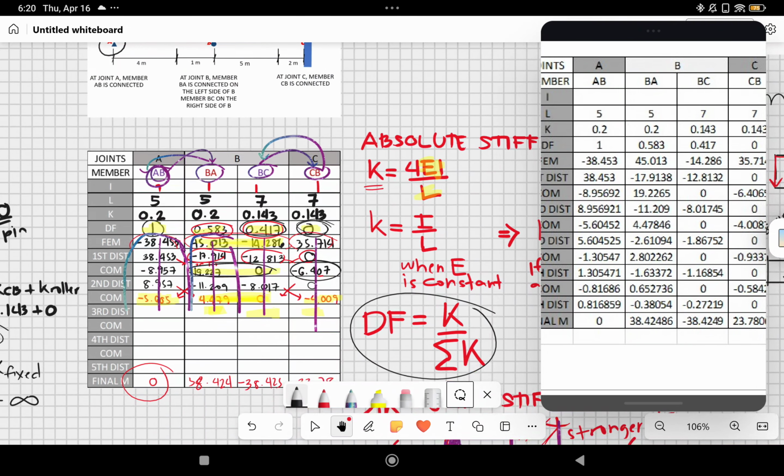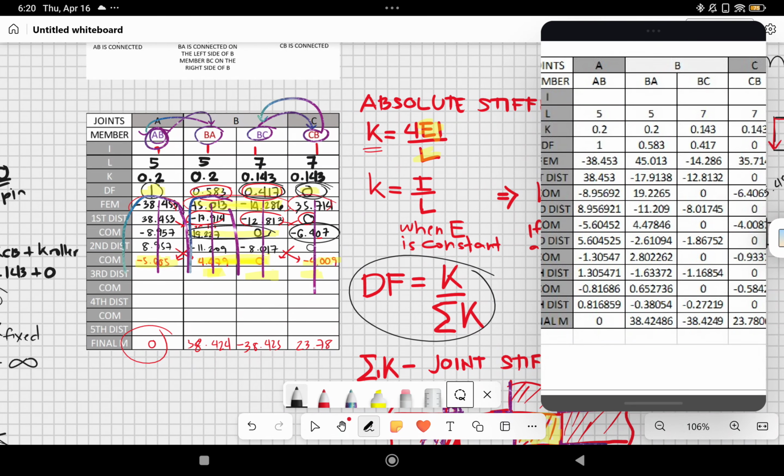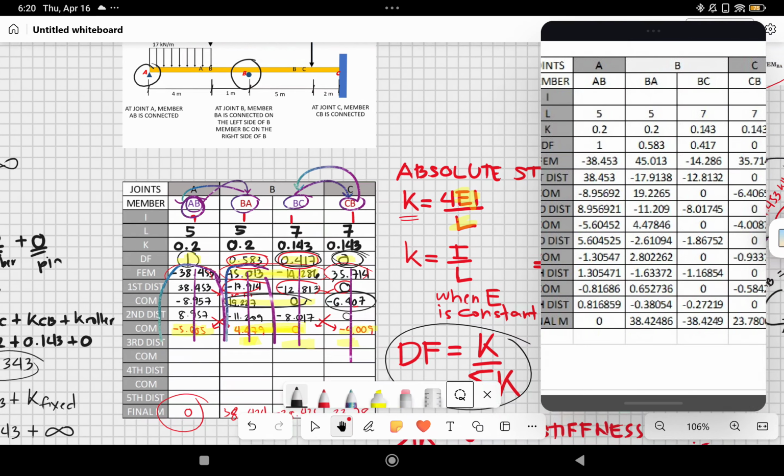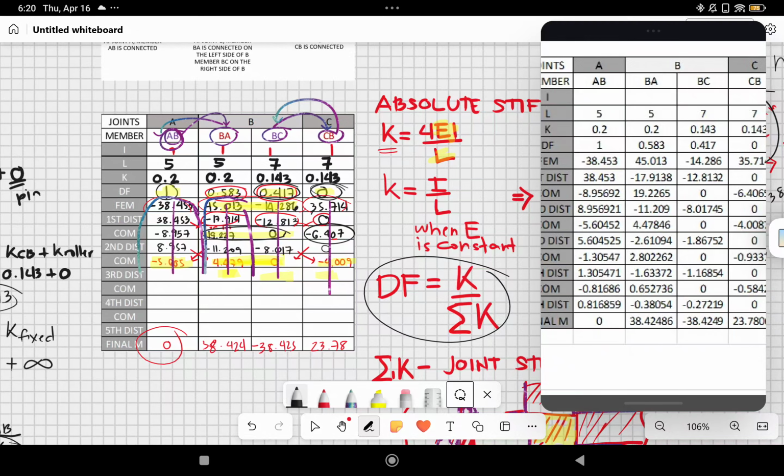Okay, ayan at joint B, ano yung moment niya? Dapat 0 din. Check natin. Kasi roller yan. Ito yung mga final moments na mag-occur sa ating joint B. That is 38.424 and negative 38.424 din.